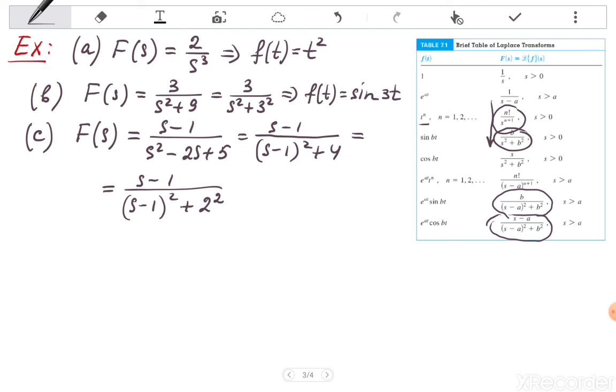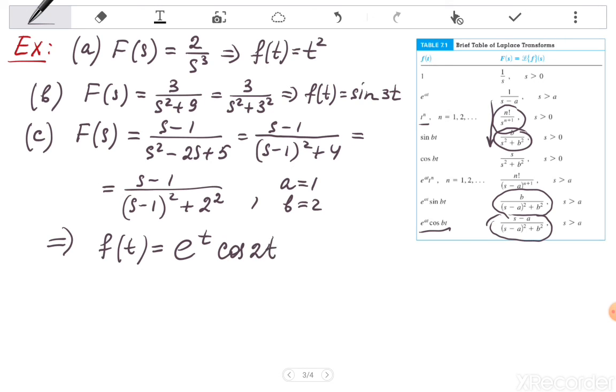So a is 1, b is 2. Exactly this formula we need. So the function f of t is e to the t cosine 2t. This is the inverse Laplace transform of this fraction.